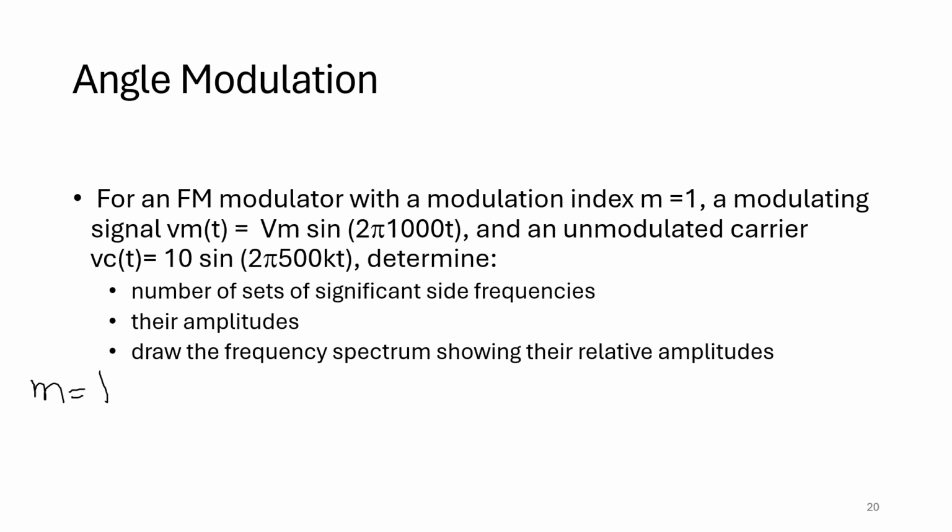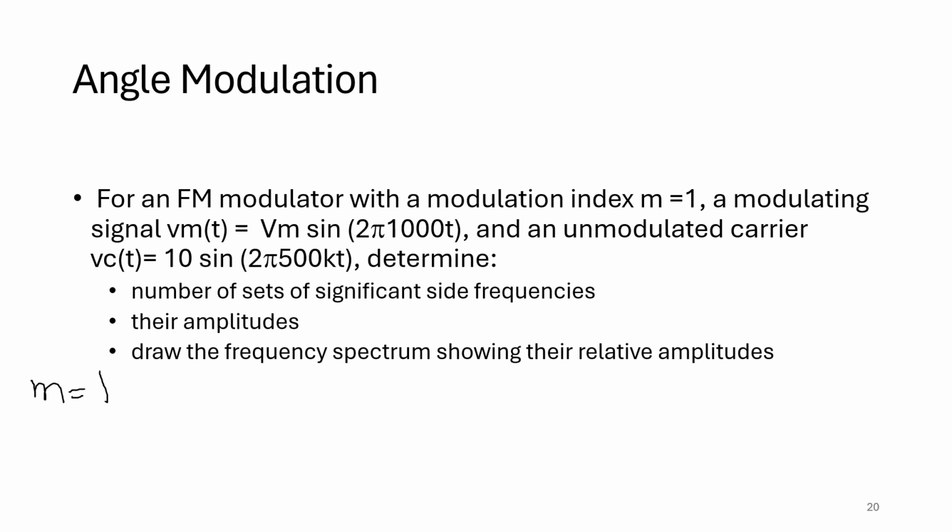When you go back to the table, it says that for a modulation coefficient of 1, you have 1 reduced carrier component and 3 sets of significant side frequencies.